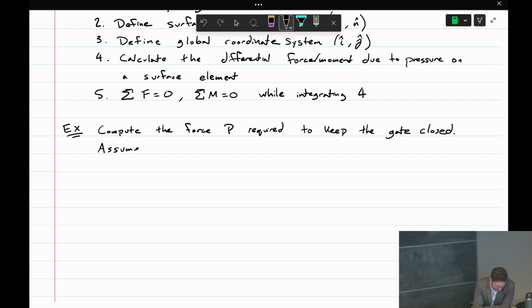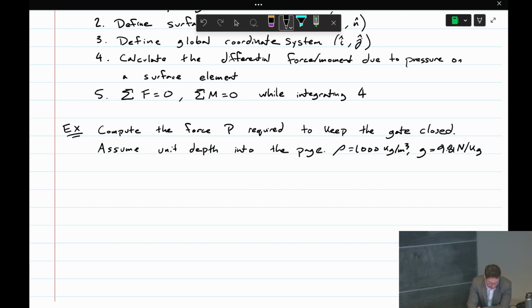I'm going to assume unit depth into the page. And I'll also give you the density of the fluid and gravity. This is a very, very typical force on a submerged object using the analytical method problem.